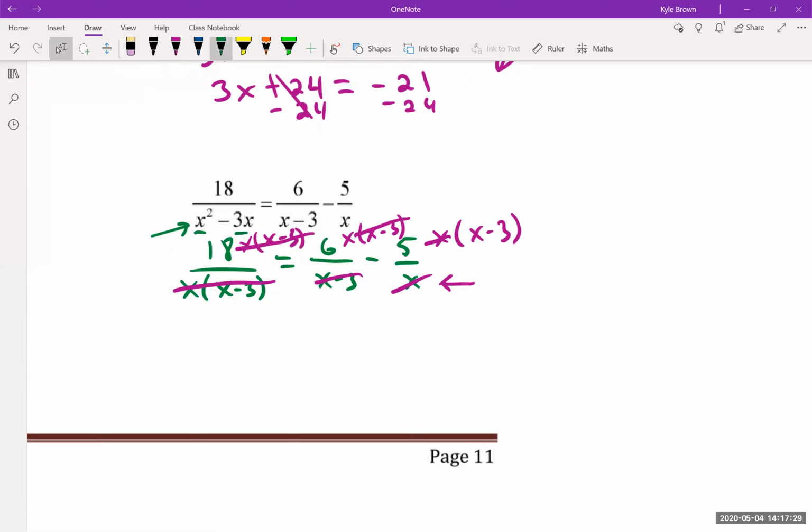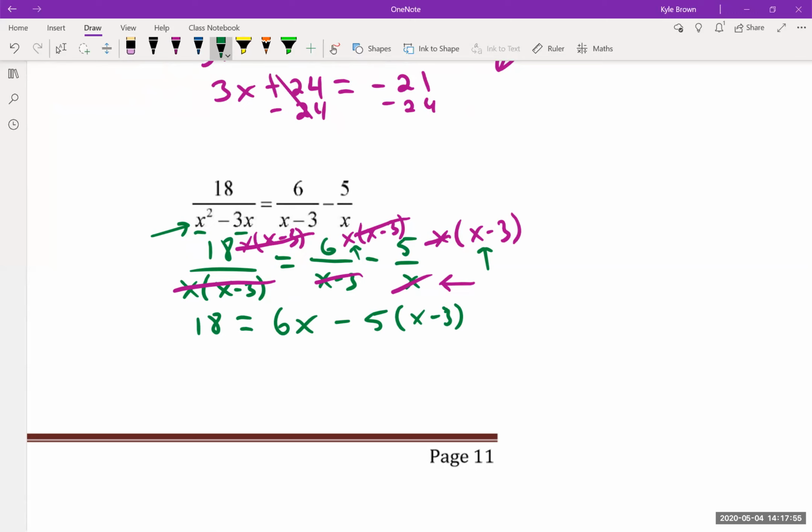So let's clean it up now with what we have left here. We've still got 18 is equal to, and then I've got 6, and I never did cancel that x, so it's still 6x. And then minus 5, and then I've still got that x minus 3. Don't forget to put it in brackets because I'm going to have to expand that out.